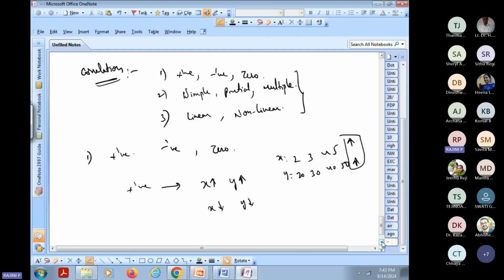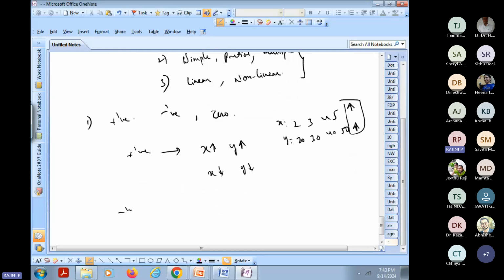Got it. Now move to the negative correlation. What is the meaning of negative correlation? If x and y are having a negative relation, that means both the variables are moving in opposite directions. If x increases, then y decreases. If x decreases, y increases.